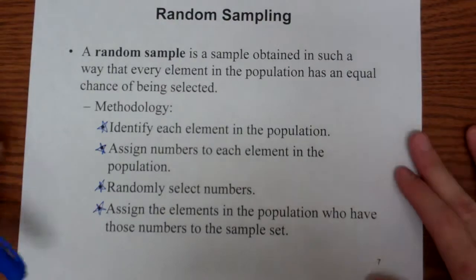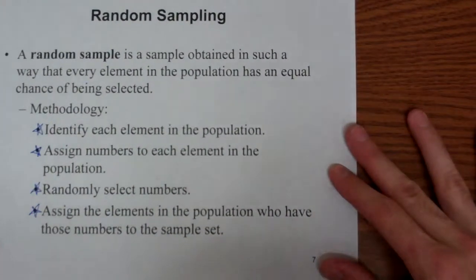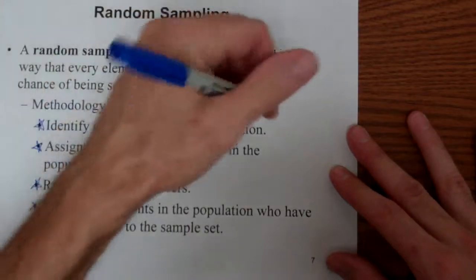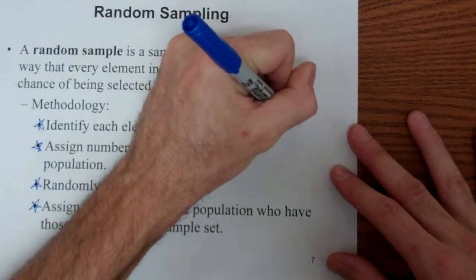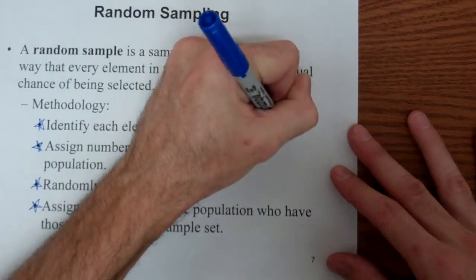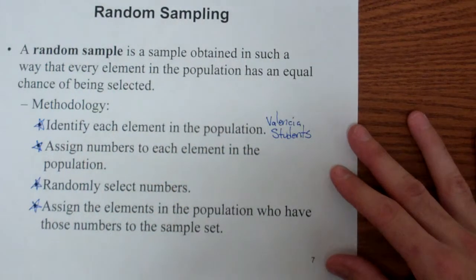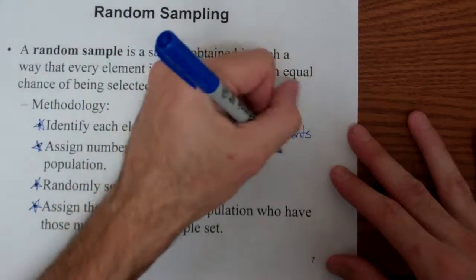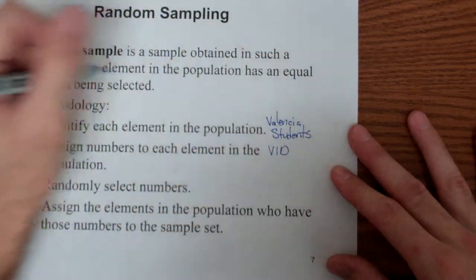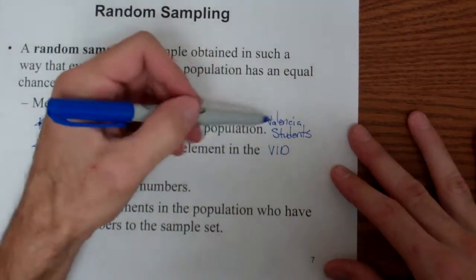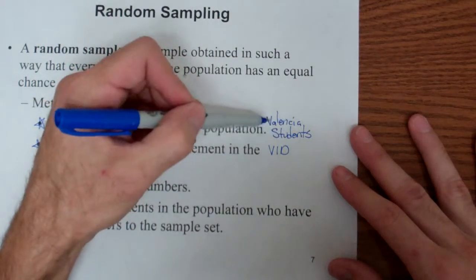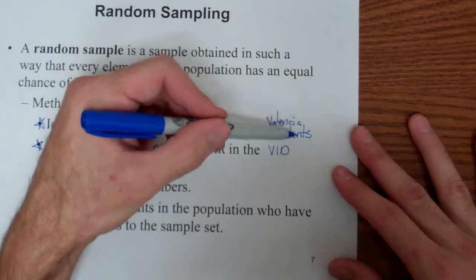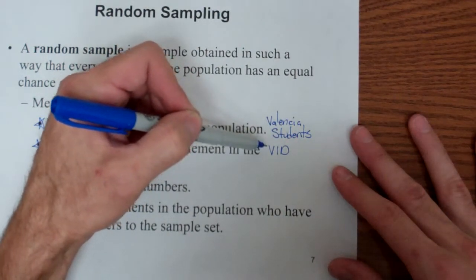So one of the things that we might do here, if we're trying to identify each element of the population, maybe we're looking at the population of Valencia students. And then assign numbers. Well, the numbers that you could use would be the VID. This strips away all of the gender information, ethnic information, socioeconomic information. The VID is just a number.